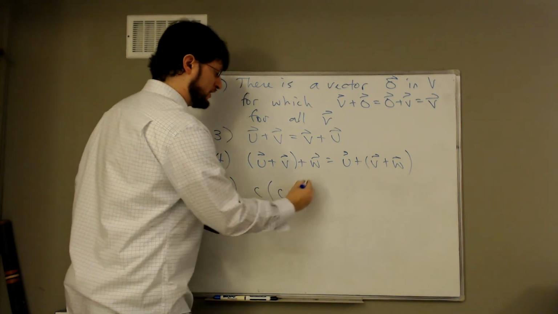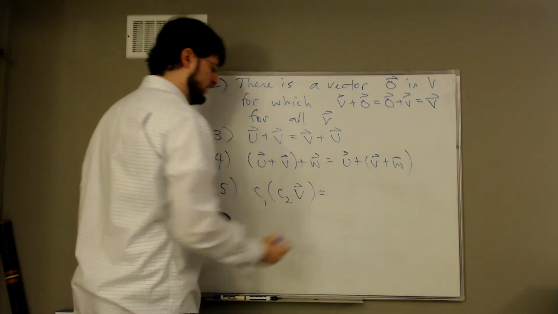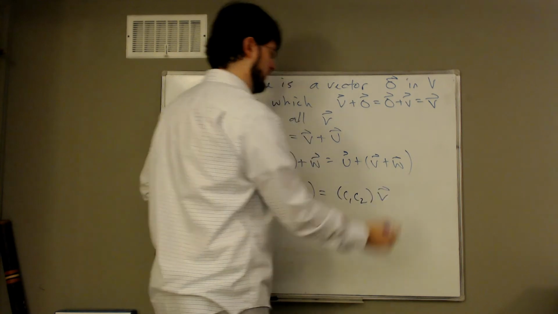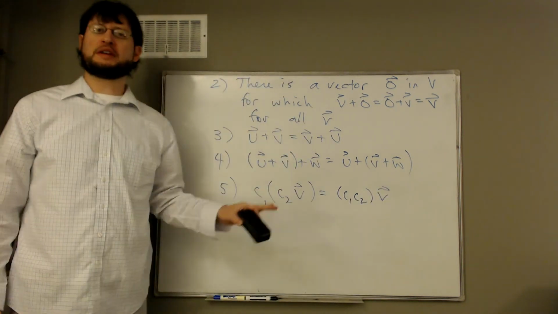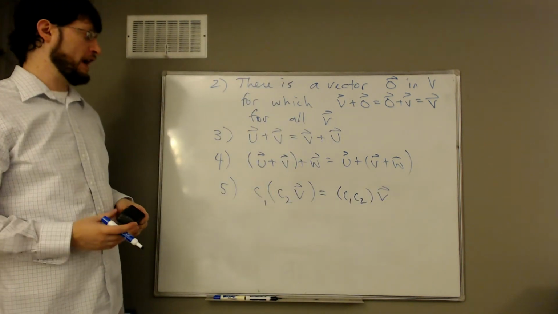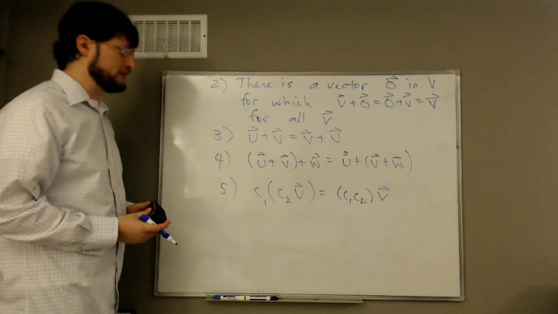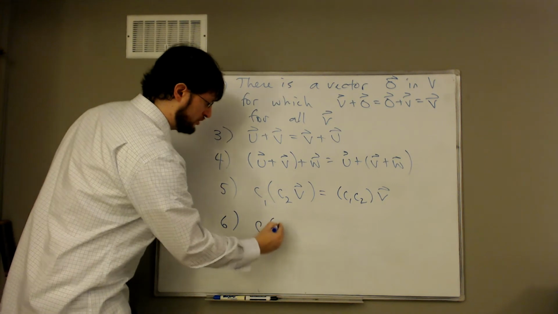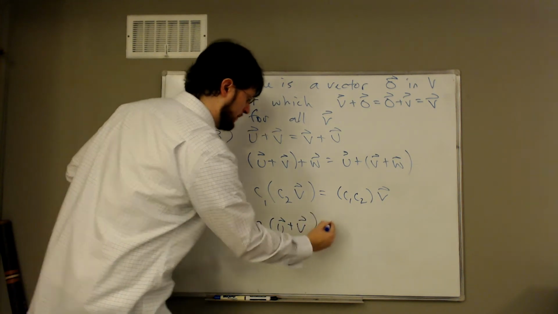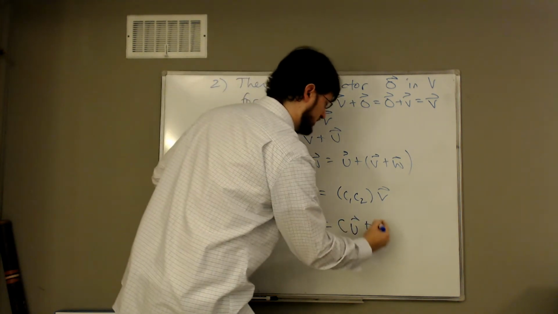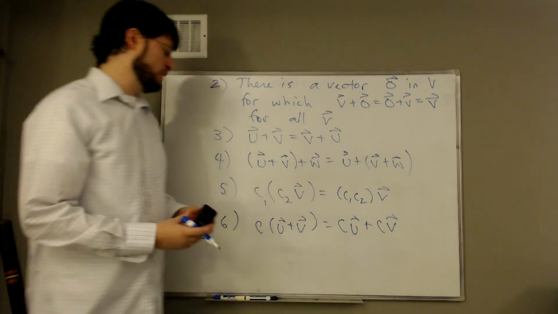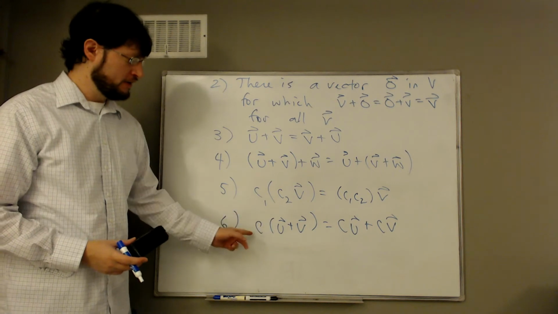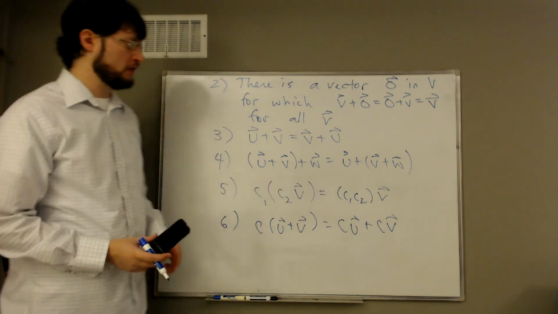C2 times the vector V then times C1 is the same thing as C1 C2 times the vector V. So everything that we expect to happen has got to happen. So there's no tricks here, right? Six, C times U plus V is CU plus CV. So we can distribute a scale. This is a scalar. We can distribute it to a vector just as if we want.